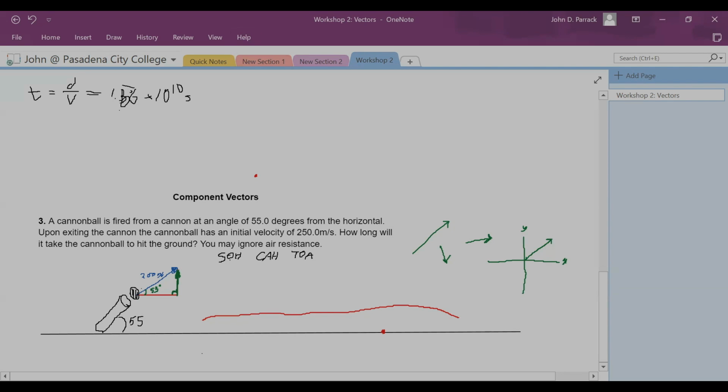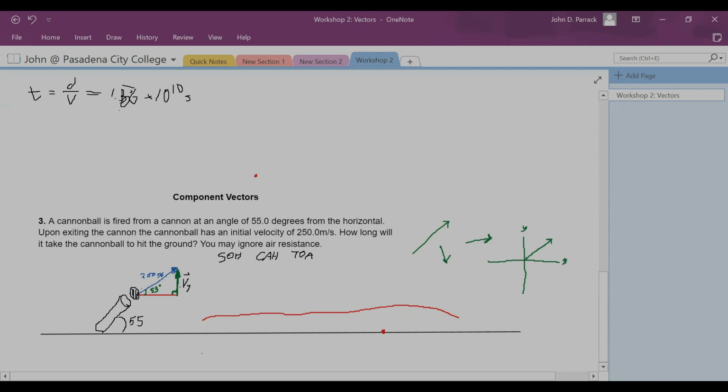So the sine relates the opposite end of a triangle to the hypotenuse. The cosine relates the adjacent to the hypotenuse, and the tangent relates the opposite to the adjacent. So what we're looking for is this quantity. Let's call this Vy. We want to know how much of V is going in the up direction.